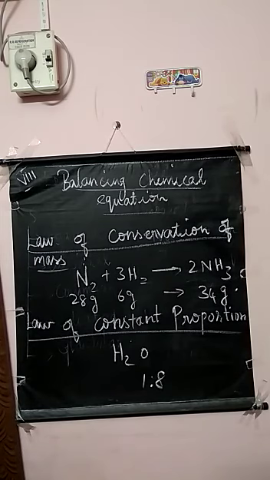Now check the mass of the product ammonia. It is 34 gram. Here 28 plus 6, the sum of the reactants' mass, is 34 gram. So after nitrogen and hydrogen undergo a chemical reaction and form ammonia, we get a new product, but there is no change in the mass.